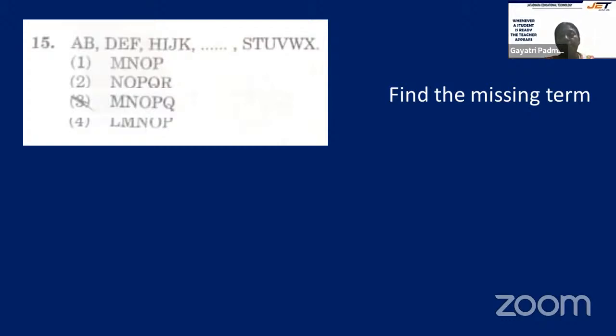All right. So the next thing that you have is A, B, D, E, F, H, I, J, K, dash, S, T, U, V, W, X. All right. So you can follow the same formula of writing the alphabets chronologically, A, B, C, D till Z, and X, Y, Z, W, V, U, T, S, R in the reverse order.